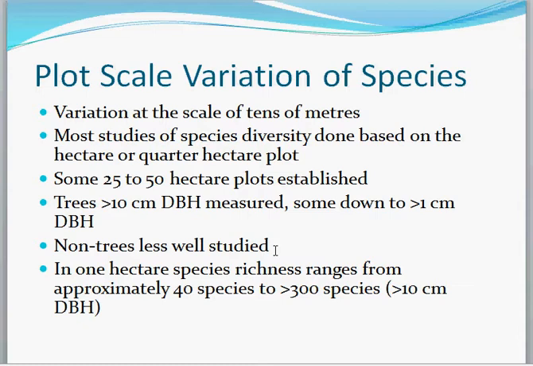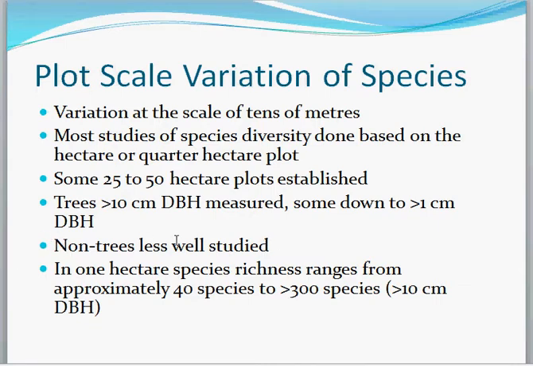The types of sample units, however, which are used for non-trees are usually not plot sample units. And there are a plethora, many different types of sampling strategies used for different taxa. Too many that I'm not going to go into all of those now.